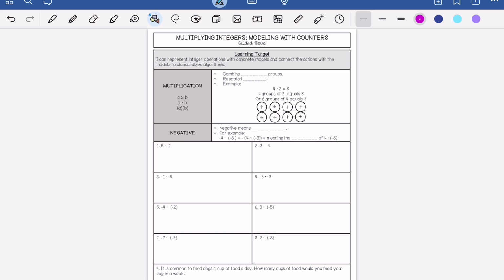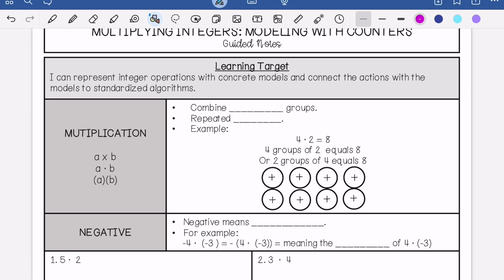So multiplication, just as a reminder, is combining equal groups. It's basically repeated addition. So when I'm multiplying two positives, I could read this as four groups of two equals eight, or two groups of four equals eight.